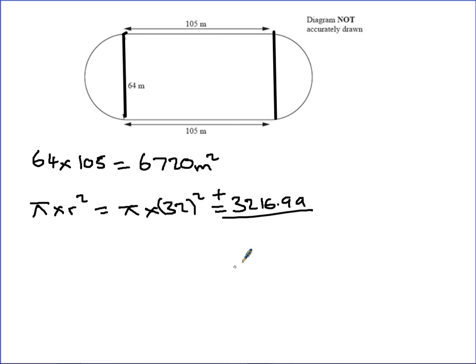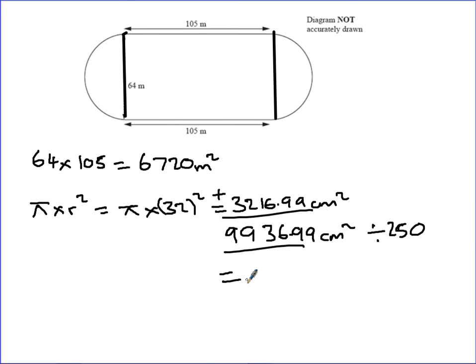Add these two together then, which then gives you 9,836.99 metres squared. And then divide that by 250, which then gives you 39.7 bags. So that'll round up because you need to definitely have enough, so 40 bags required for question 9.